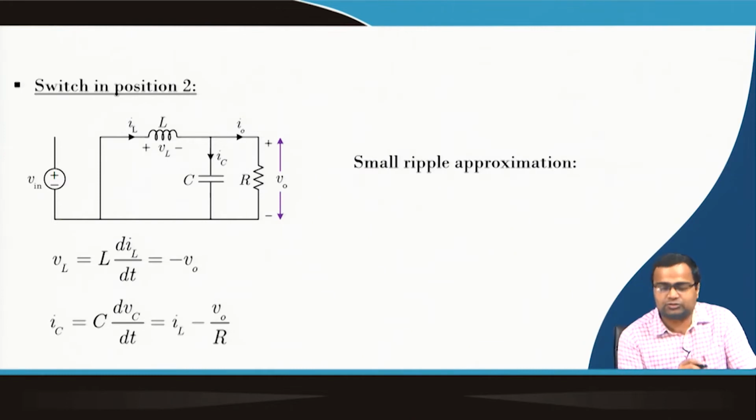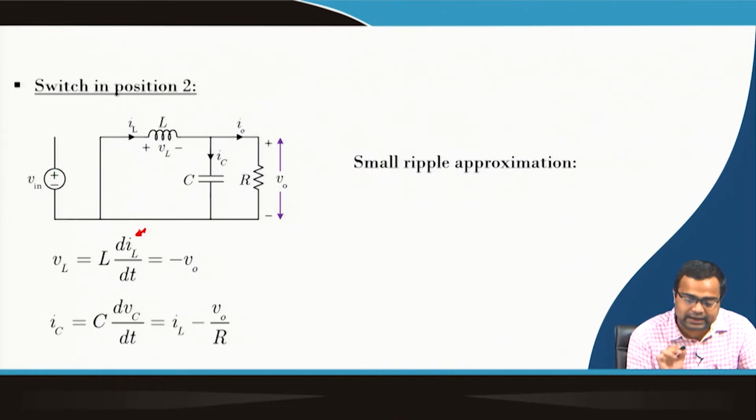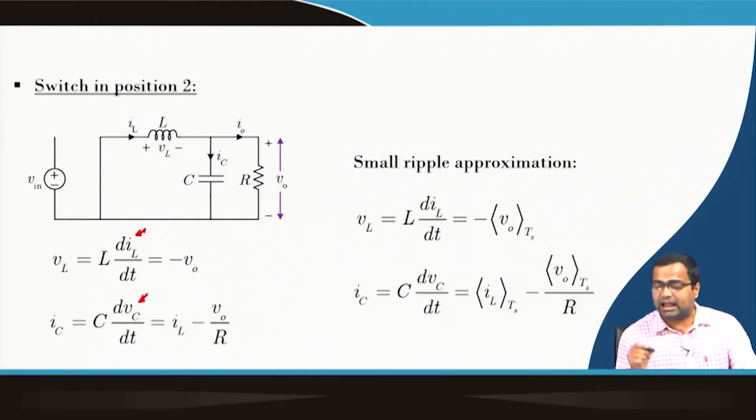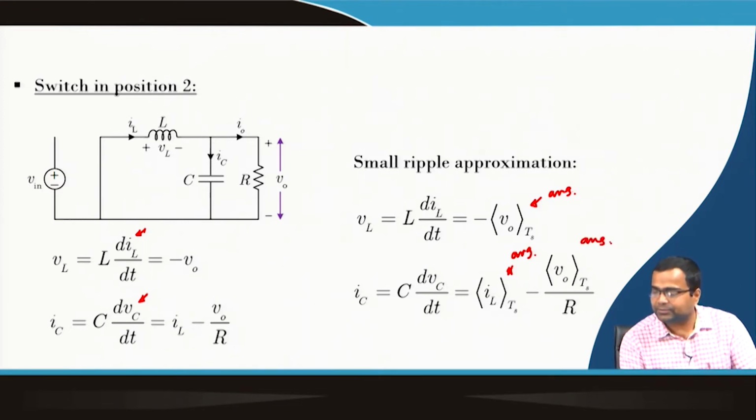Here also, under the small ripple approximation, the instantaneous current and voltage are replaced with their average quantities, all are average quantities. That means we have ignored their ripple information.